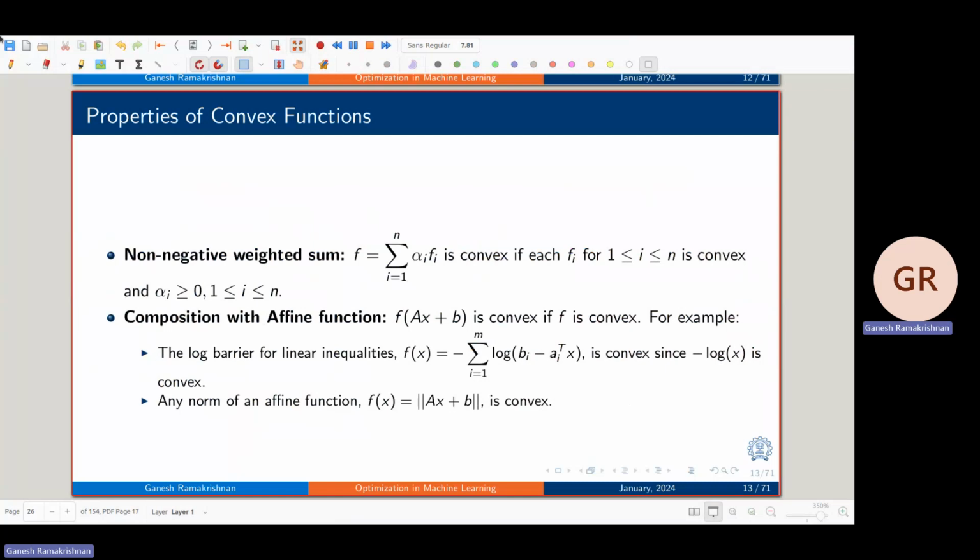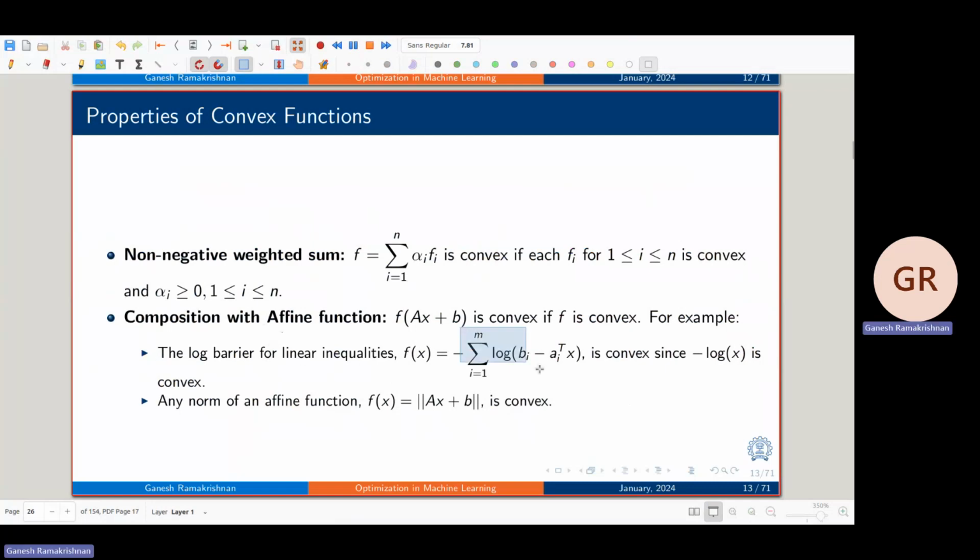So all you need in both these definitions is f, or f_i, to be convex, nothing more, right? So therefore, say norm of Ax plus b, 2 norm or any norm, is convex.